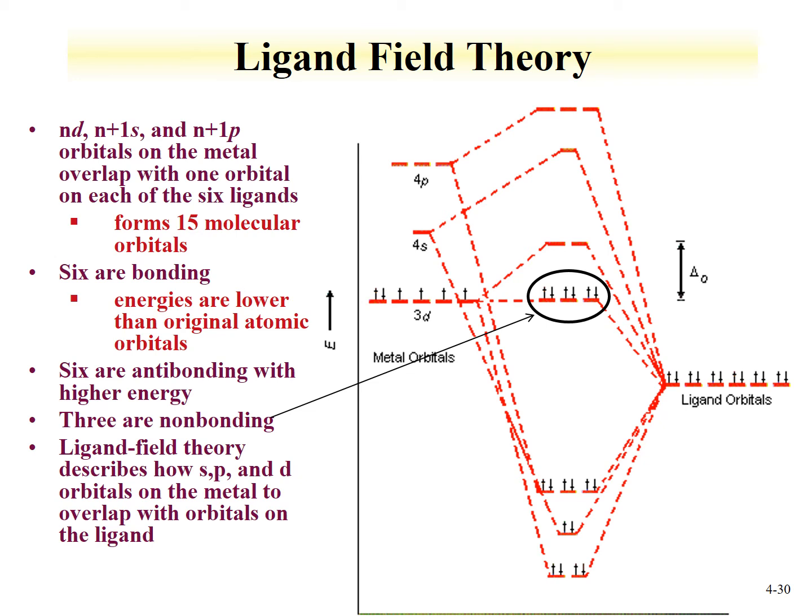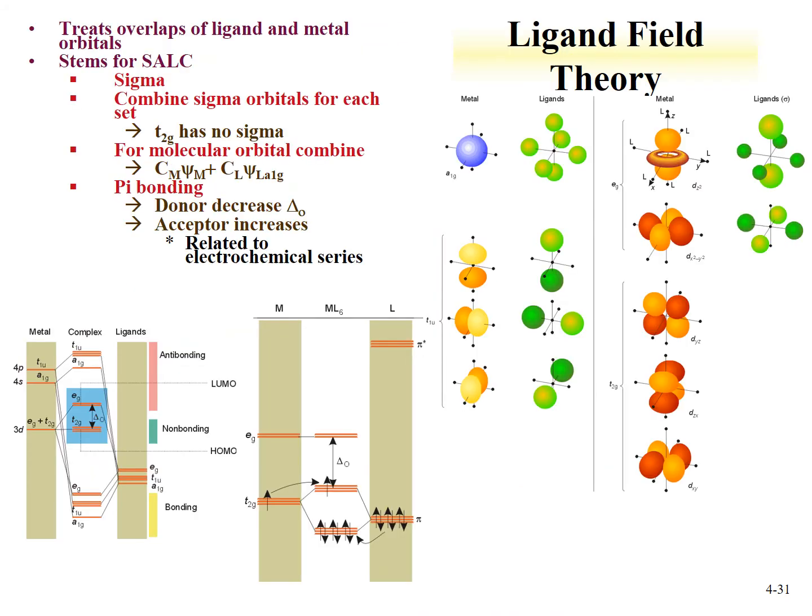So the Ligand Field Theory describes how s, p, d, and f orbitals on the metals can overlap with orbitals on the ligand to form molecular orbitals. An example of the symmetry adapted linear combinations for some metal and ligand interactions is presented here.